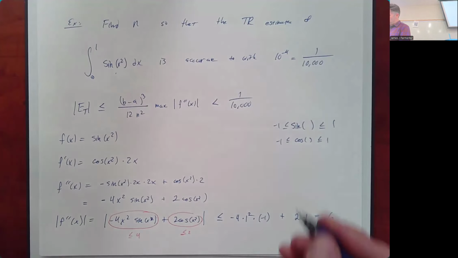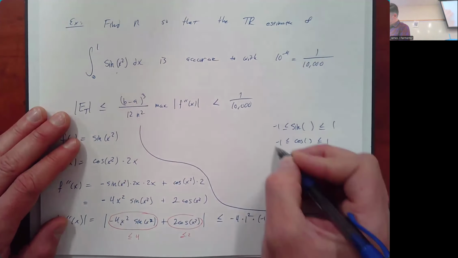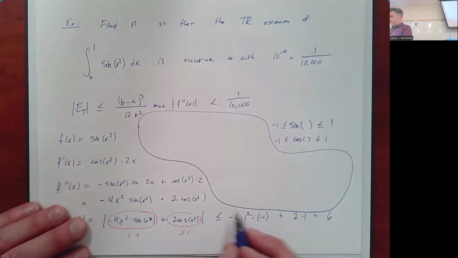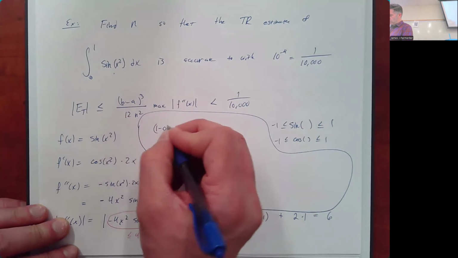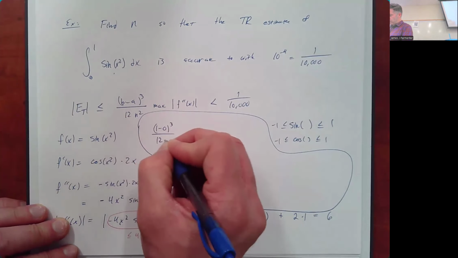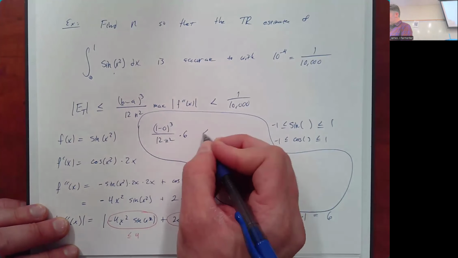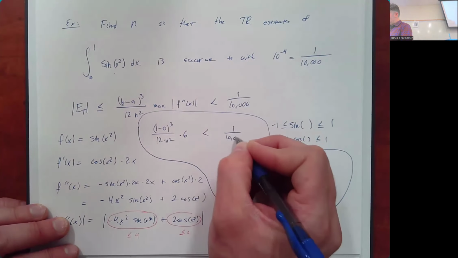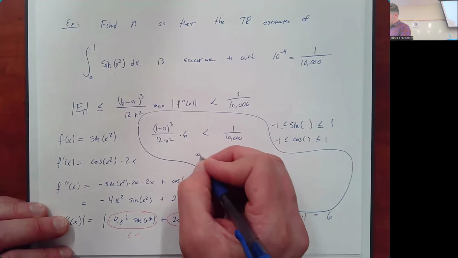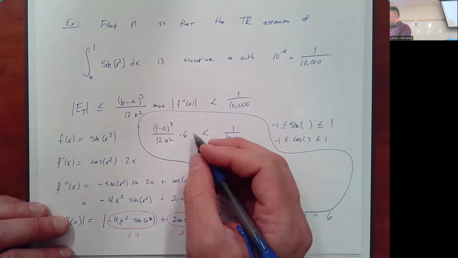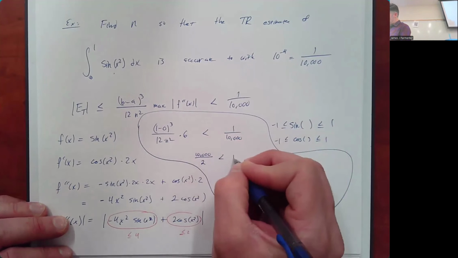So then we do the usual kind of thing. We're going to say that (b minus a) cubed, which is (1 minus 0) cubed, over 12 times n squared, times this maximum, which we just said was 6, is less than 1 over 10,000. So what we have here is 6 over 12 is just 1/2, so 10,000 over 2 is less than n squared.